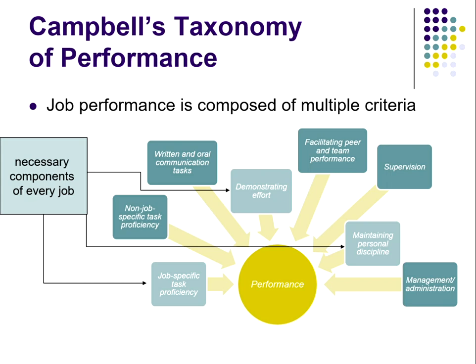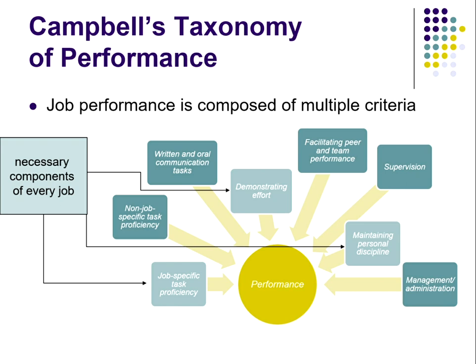And then we have the other ones that are in the darker color. If you're on the bottom of the totem pole at work, you're probably not going to be judged on supervision or management and administration, right? Those are things you're going to be assessed on if you were in a different kind of job, if you're in a managerial or a supervisory position.